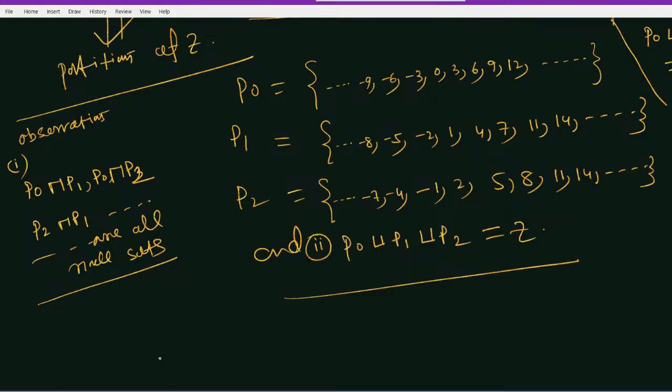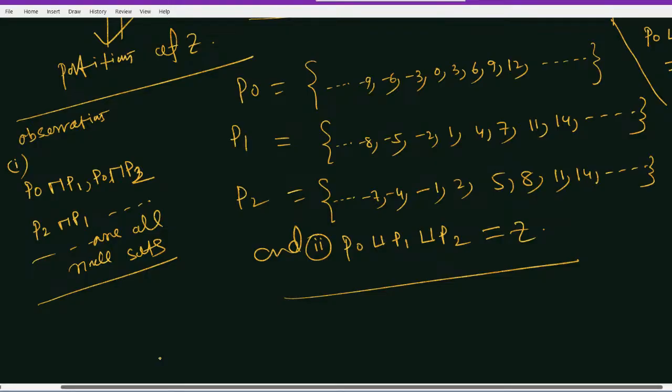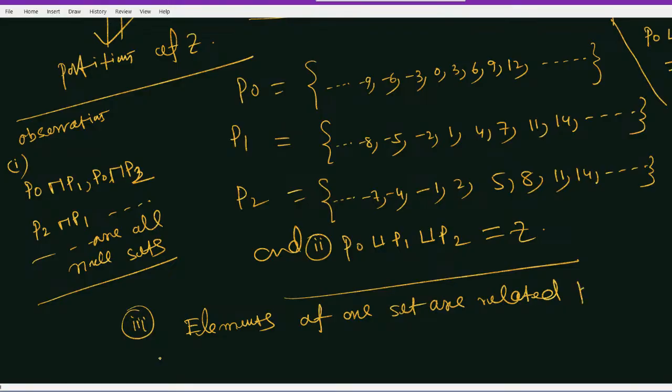Number 2, their union is the whole set of integers. And number 3, elements of one set are related to each other.